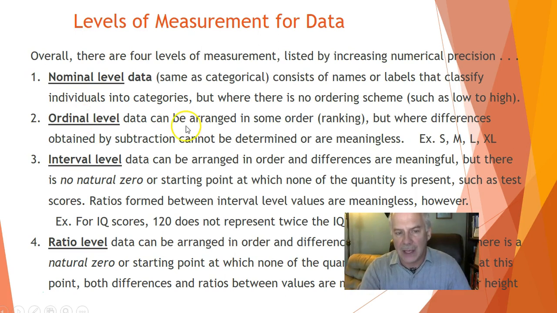Now, ordinal data can be arranged in some order or ranking, but differences obtained by subtraction cannot be determined or are meaningless. Class rank, for example: first in the class means they've got the highest grade point average, so valedictorian, then second in their class, third, fourth, fifth, etc. Class rank is ordinal level because you can put them in an order, but it doesn't make sense to subtract.